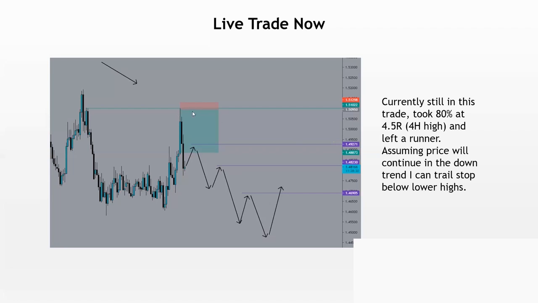There's a chance that this trade comes back up here and takes you out at break even. But from what I've tested, trailing your stop loss on the 4-hour doesn't work. So always trail your stop loss based on the daily structure. Okay? So that is that one.